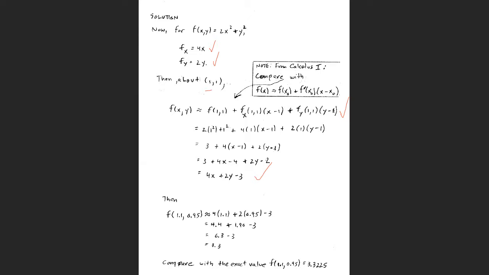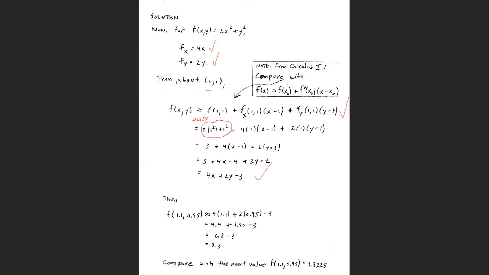You see here, f of 1, 1 is easy. This is easy to evaluate. This is easy. So you got to think, remember why mathematicians came up with these approximations. They had to find values of difficult functions where it required a lot of work to get the answer.